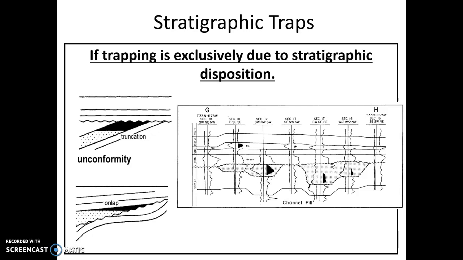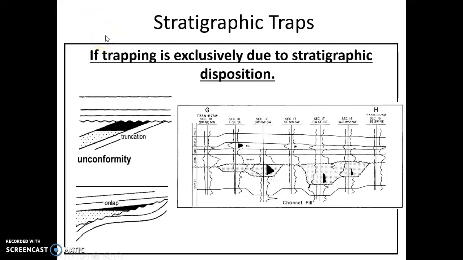As an example, we have here an unconformity that is caused by a period of erosion and deposition. They represent a gap in the geologic record, in other words, a period of erosion or non-deposition. An unconformity can result in the truncation of the permeable reservoir rocks, overlain by an impermeable unit of rock.